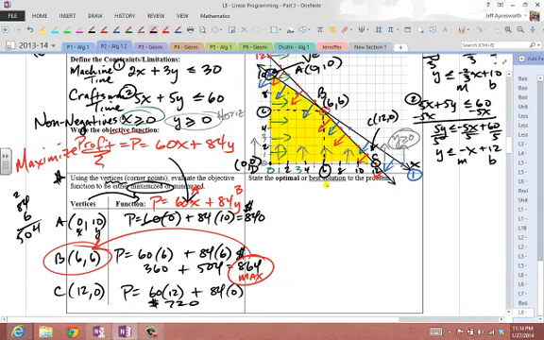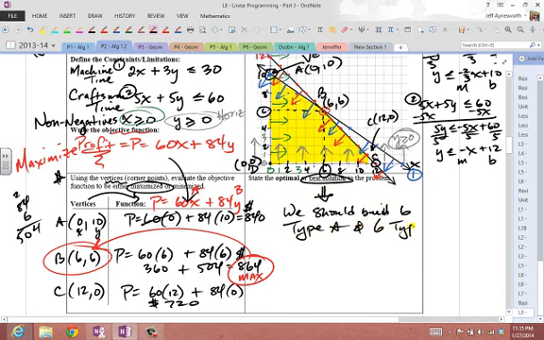It doesn't always happen like that. So our best solution here, our optimal solution, is that we should build 6 type A and 6 type B to gain a maximum profit.